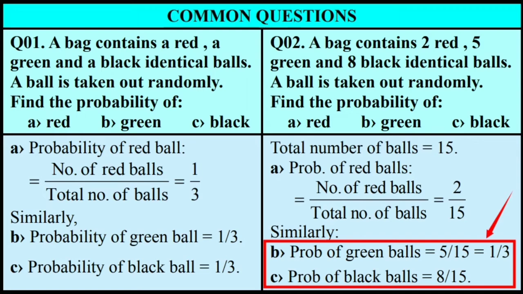Similarly, we find the probability of green balls and black balls, and we get the probability of green balls 5 by 15, simplified to 1 by 3, and the probability of black balls is 8 by 15.